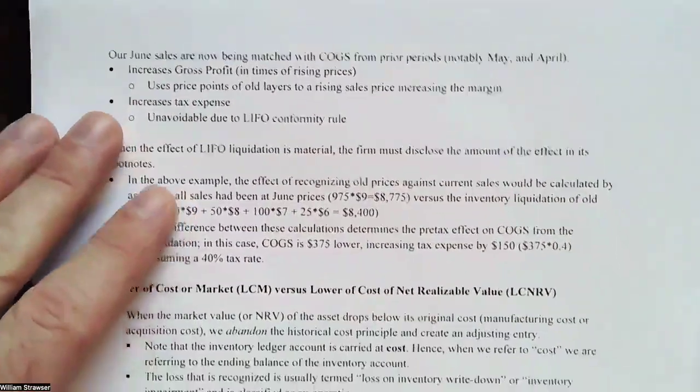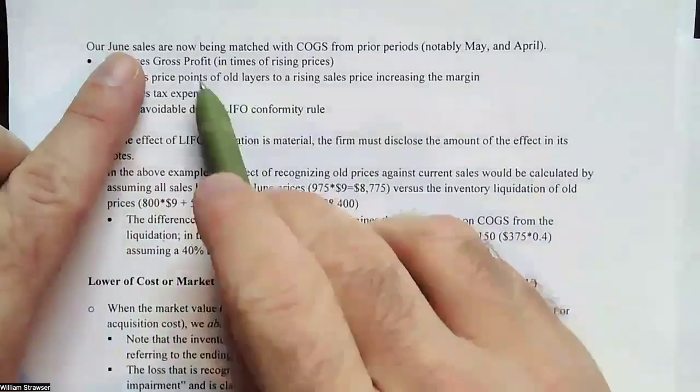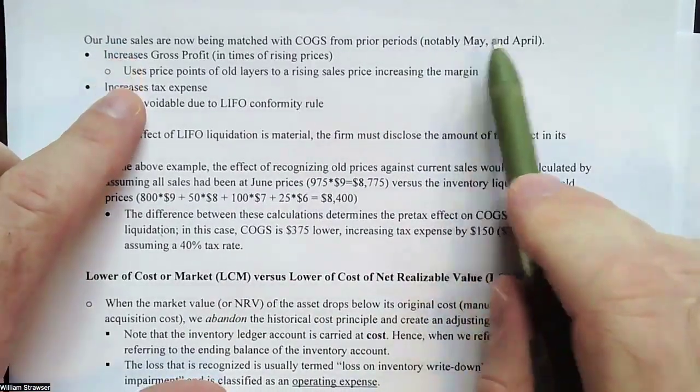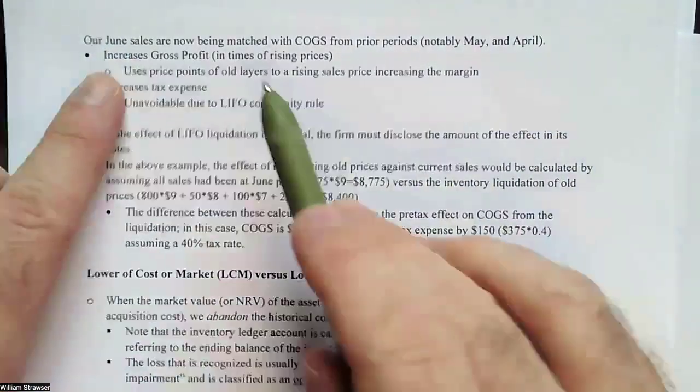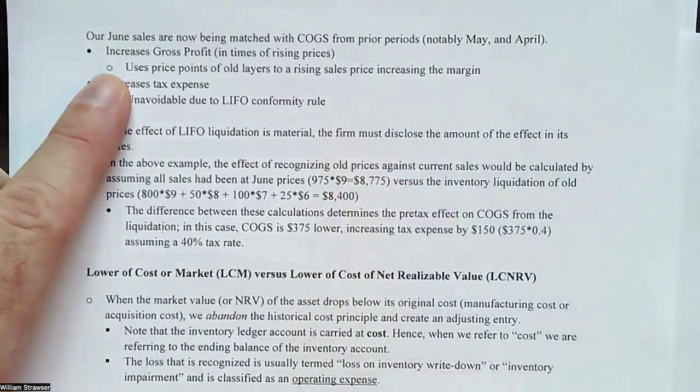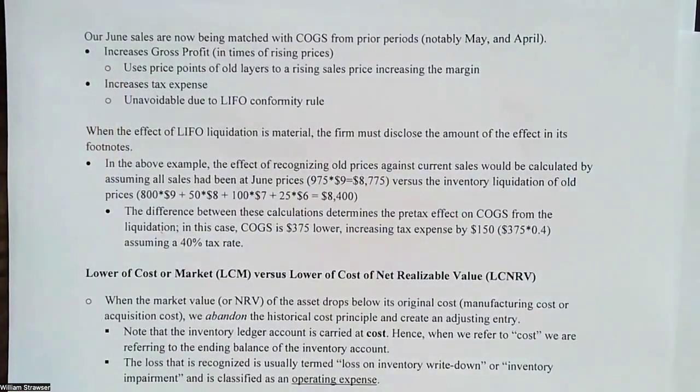So the problem with LIFO liquidation is that the June sales are being matched with those cost of goods sold from the prior periods, May and April. And like I mentioned, that increases our gross profit because old price points that are lower costs are being used in cost of goods sold rather than all current costs.